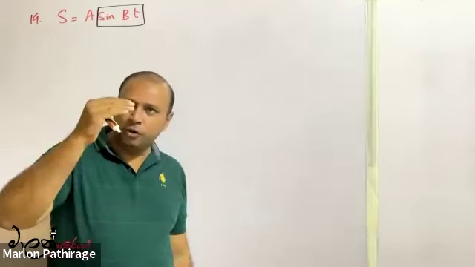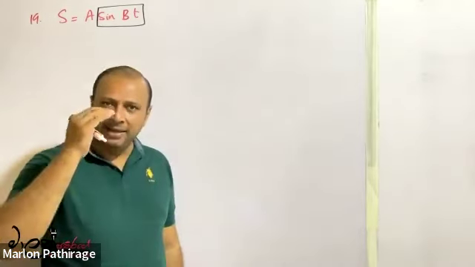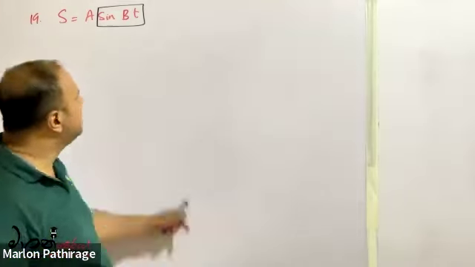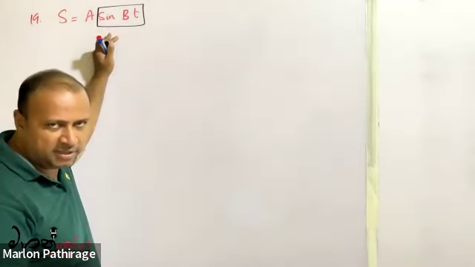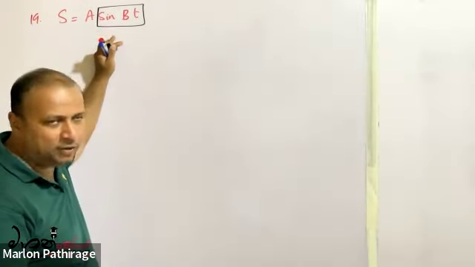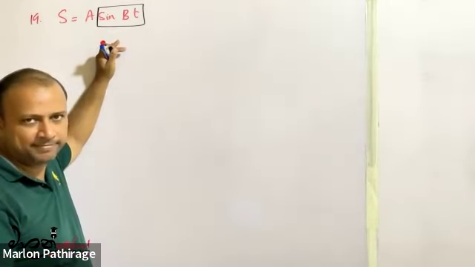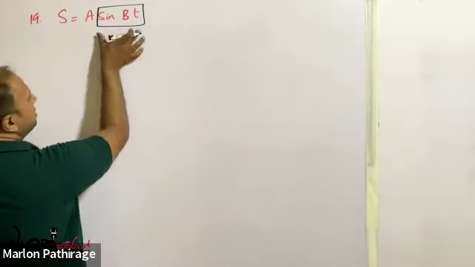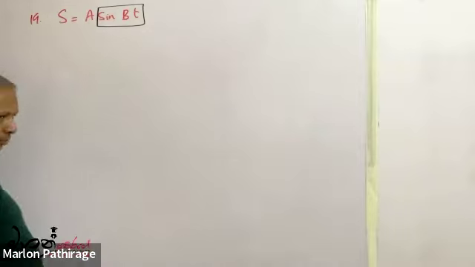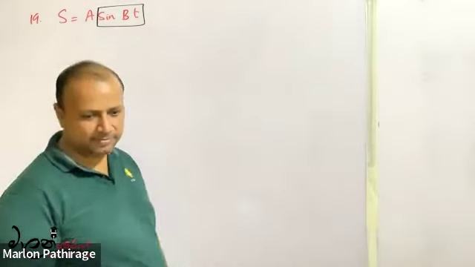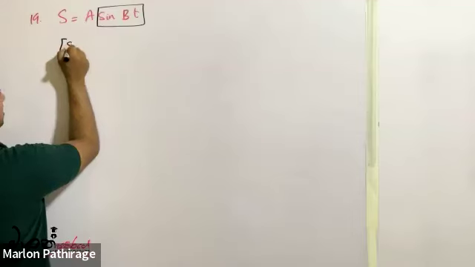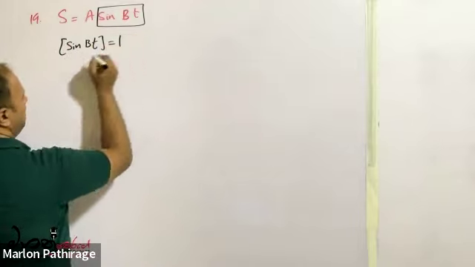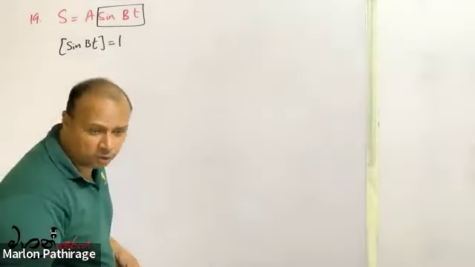Sin theta is equal to the opposite side over the hypotenuse. Therefore, any trigonometric function does not have a dimension. Therefore, dimension of sin BT is equal to 1, as it is a trigonometric function.